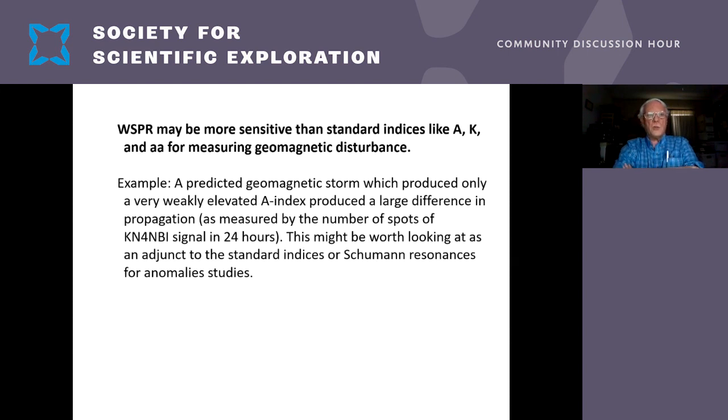So it shows that WSPR may be much more sensitive than some of these standard indices, as an adjunct to the things that other people are using to measure geomagnetic effects for their various anomaly studies. So I'll just show you an example here. I think I got a graph of it.